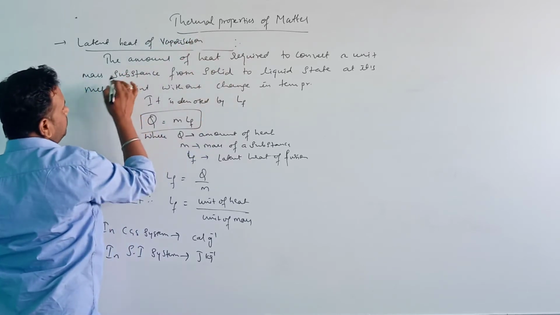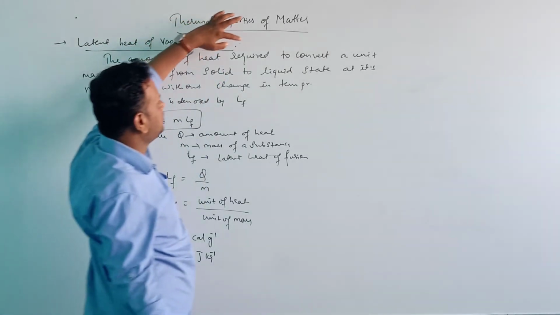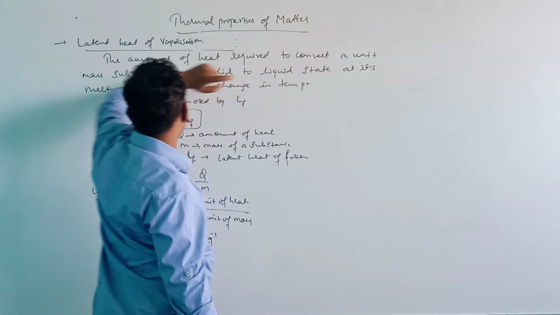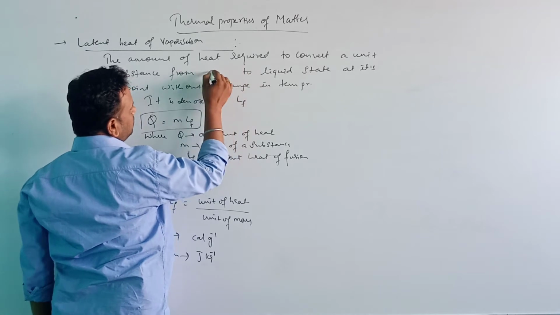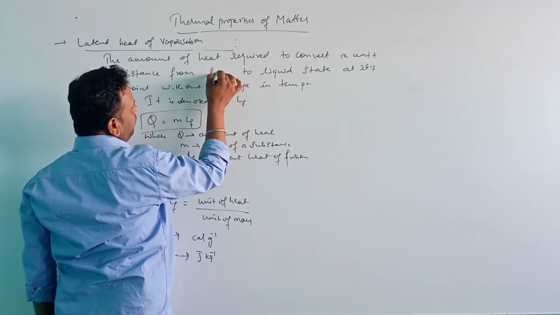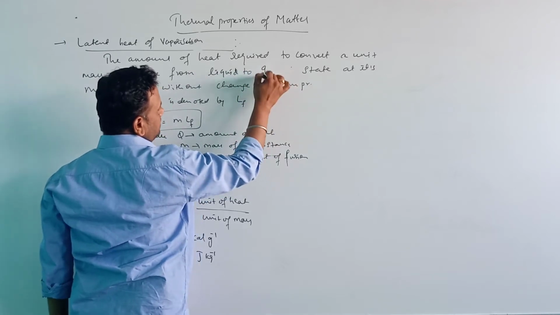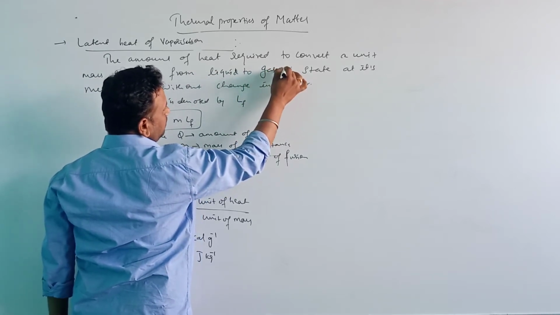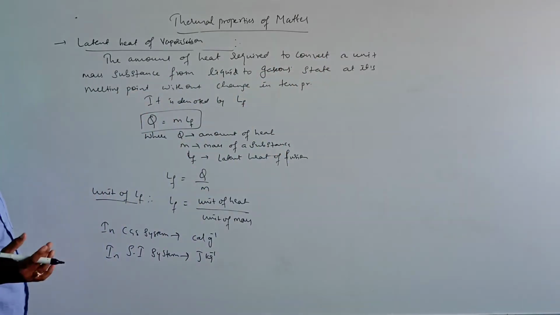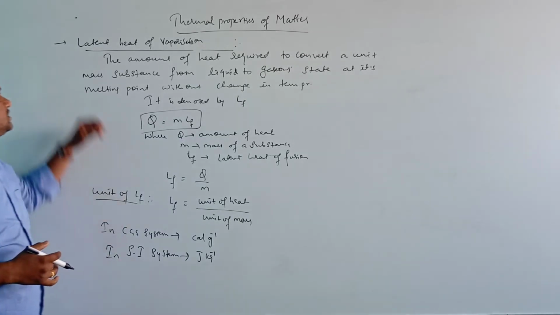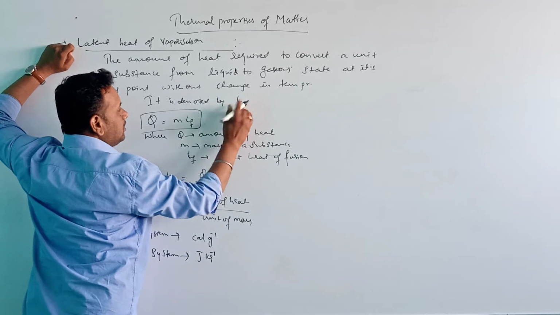The definition is that the amount of heat required to convert a unit mass of a substance from liquid to gaseous state at its boiling point without changing temperature is called latent heat of vaporization, and it is denoted by LV.